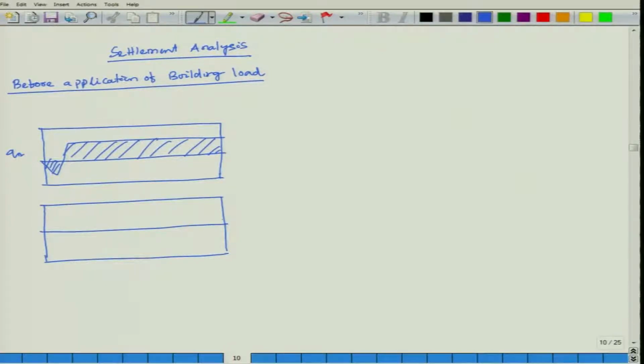one part is your net load intensity versus time, the second part is your net settlement versus time.